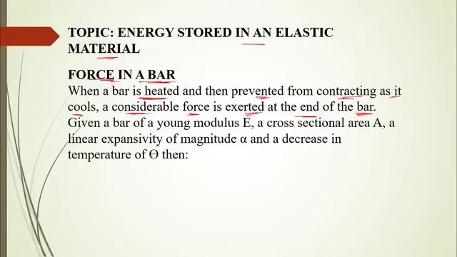So when we're given a bar that has a Young modulus known as E and a cross-sectional area known as A, we have a linear expansivity of alpha, and then we have a decrease in temperature of theta. Then the expression for the bar of Young modulus E is E equal to stress over strain.